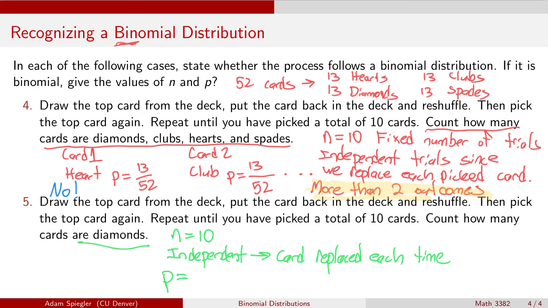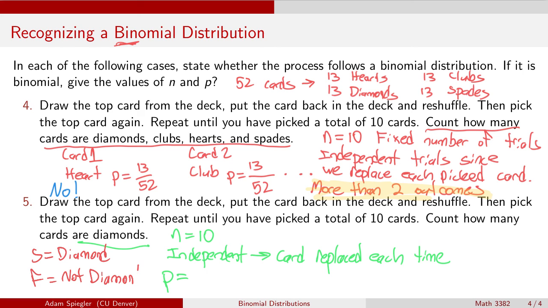So a key distinction to note here is that although we have seemingly 4 different outcomes for the suit, a heart, a diamond, a club, or a spade, we are counting only the diamonds. So in other words, we are separating these outcomes into 2 events. Success is a diamond is picked, and a failure would be not a diamond picked.